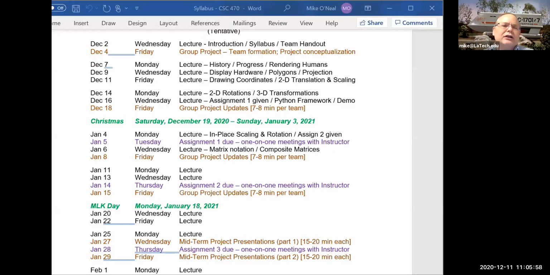Why don't I share the syllabus so you guys can see what we've done and where we're going. Monday we talked about history, progress, and rendering humans. And I fooled some of you into thinking that Grace Kelly, the actress, was actually computer generated.